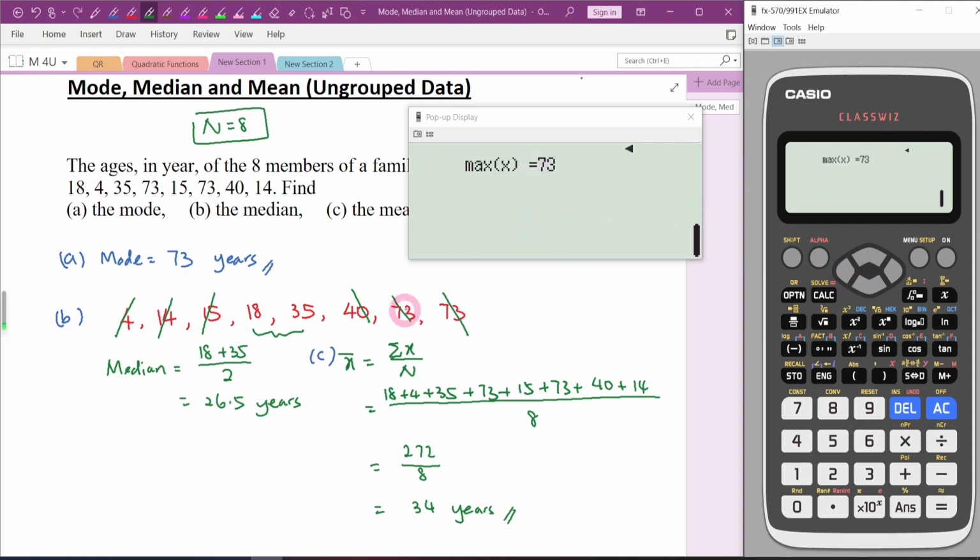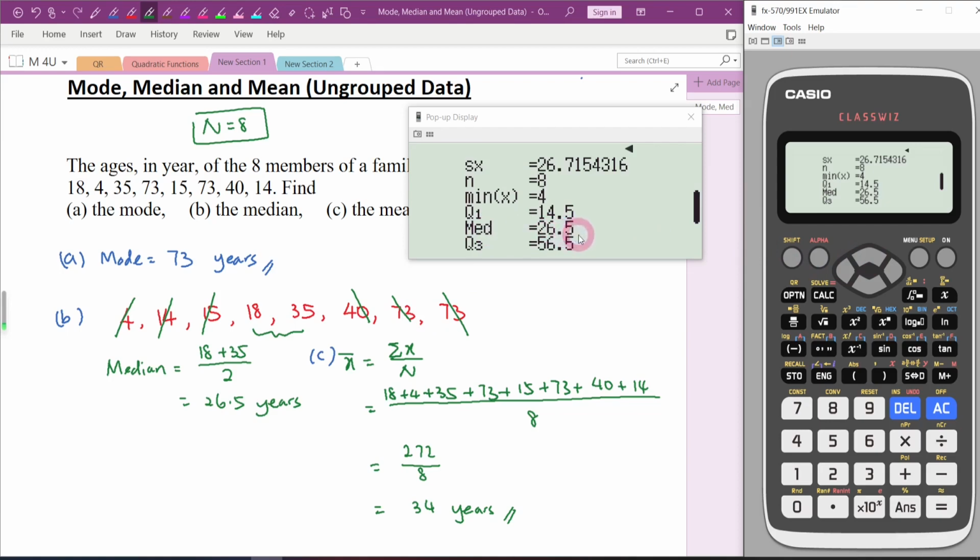Maximum is 73 and the median is here 26.5. Okay, so this is a way how do we use our calculator to help us to get the median and the mean. Mode, I think you don't have to use your calculator, right? Mode, you just look at the data which has the highest frequency. Okay, so the rest like first quartile, third quartile, you are going to learn it in Form 4.